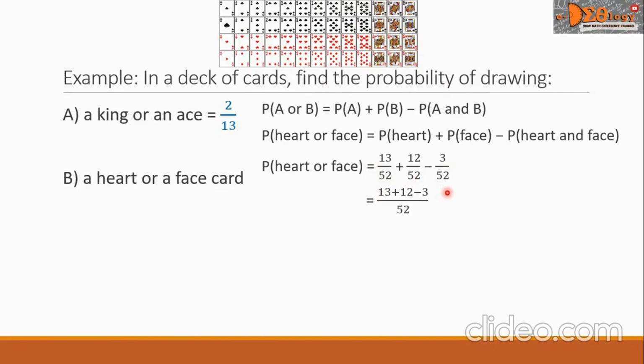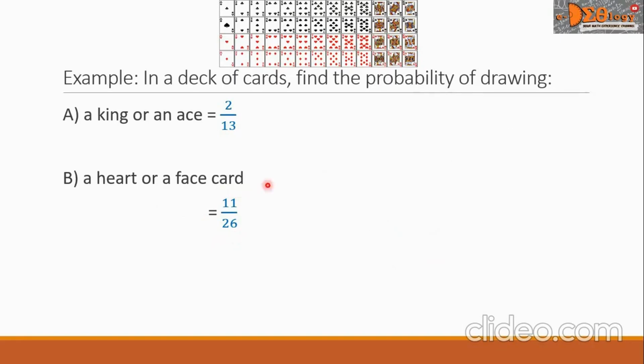When we simplify the numerator, it will be 22 over 52, which is reduced to lowest terms as 11 over 26. And this value is our probability of drawing a heart or a face card. We put our answer below problem B. We are done with our example here. This is our final answer.